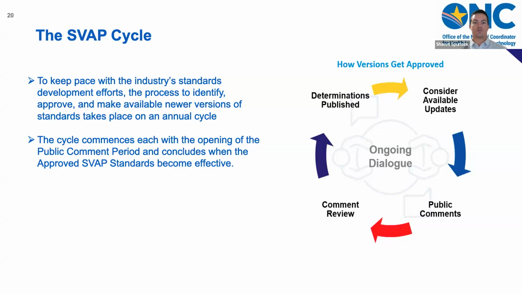As I mentioned, the 2023 SVAP cycle standards were released this morning and will be made available for use in the certification program beginning September 11th of 2023. All right, next slide, please.